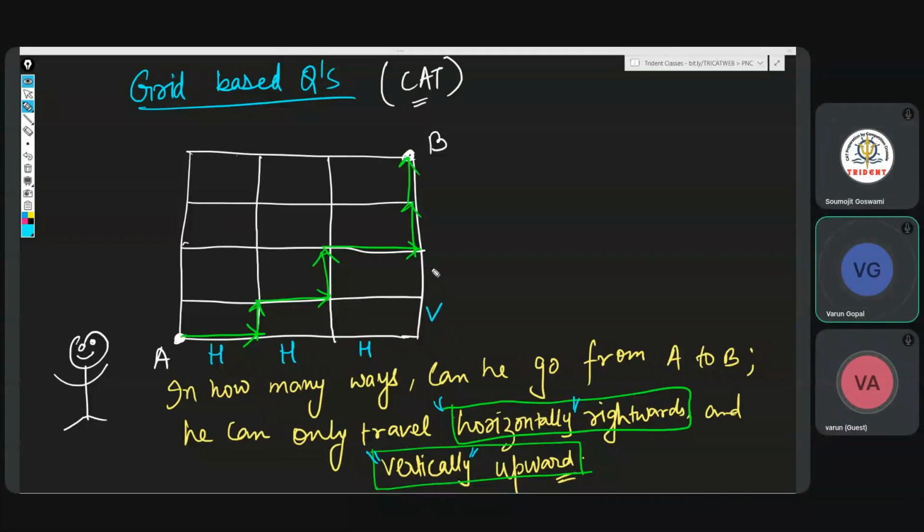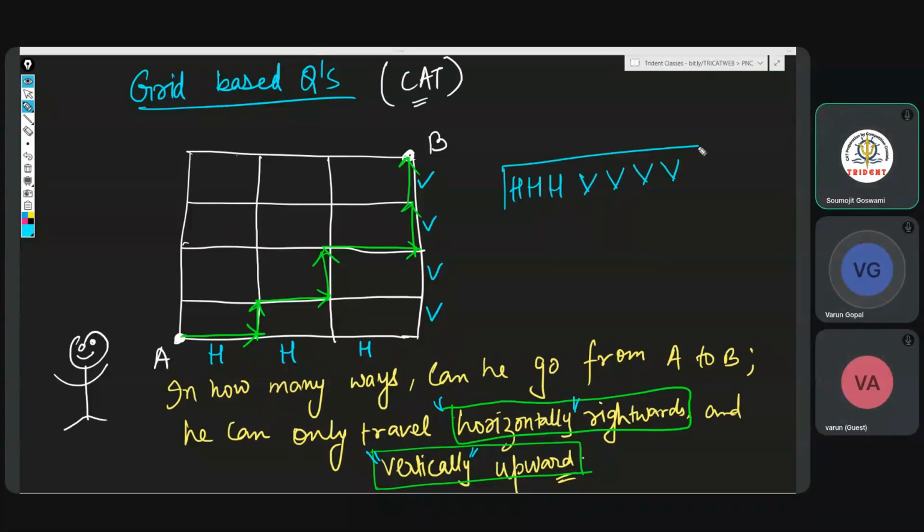Vertical iterations: 1, 2, 3, 4. So there are 3 H's and 4 V's, and we just need to find as many permutations as we can.